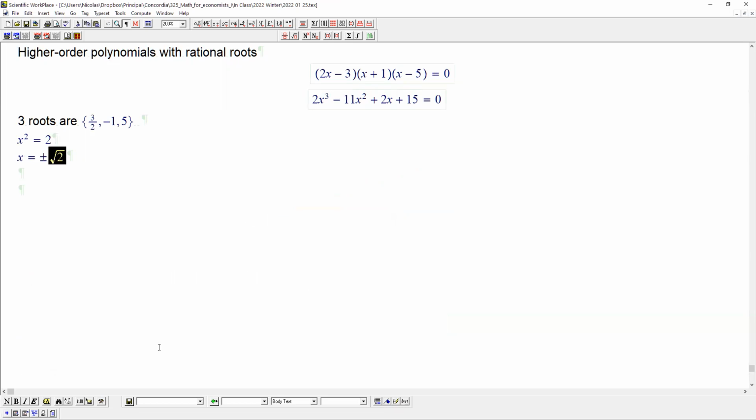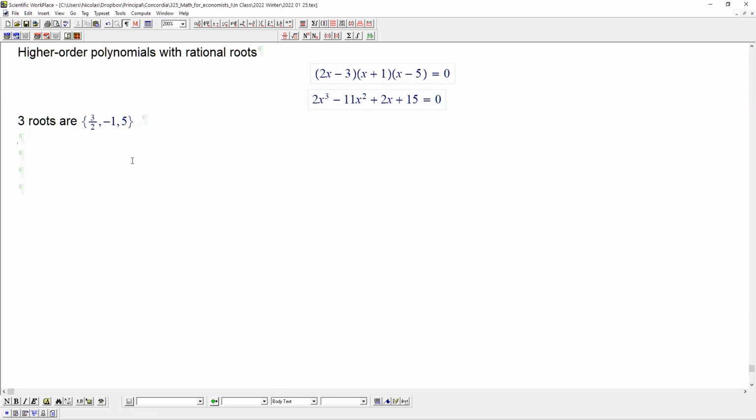You can prove that this is not rational, so it's not going to work. But of course, at the exam, if I'm asking you to find the rational roots, I'm going to give you something that has a rational root, right?